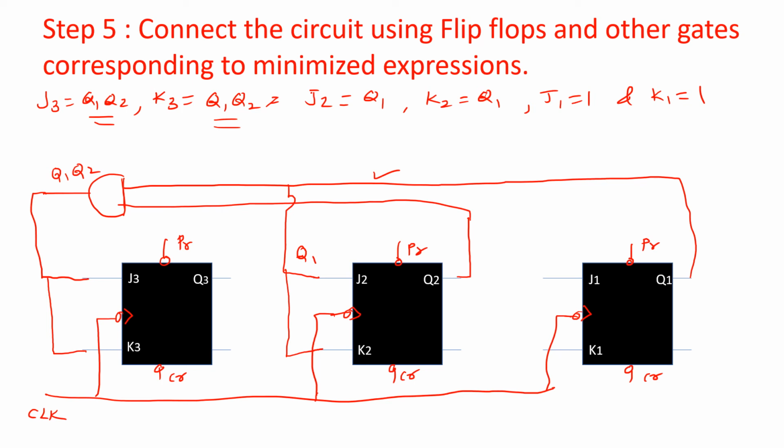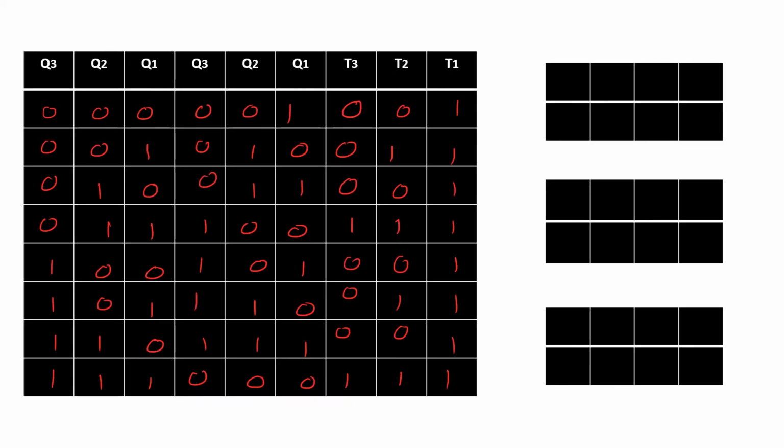J1 is 1, so J1 is written as 1, and K1 is written as 1. So this is the mod 8 up synchronous counter or 3-bit up synchronous counter using JK flip-flops.